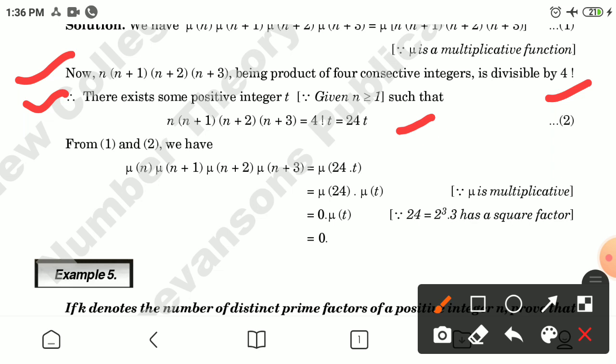From first and second, the value is equal to μ of 24t. Since μ is multiplicative, it is μ(24)·μ(t), and 24 has prime factorization 2 raised to power 3 times 3, which has a square factor, therefore μ(24) is 0, and the total value is 0.